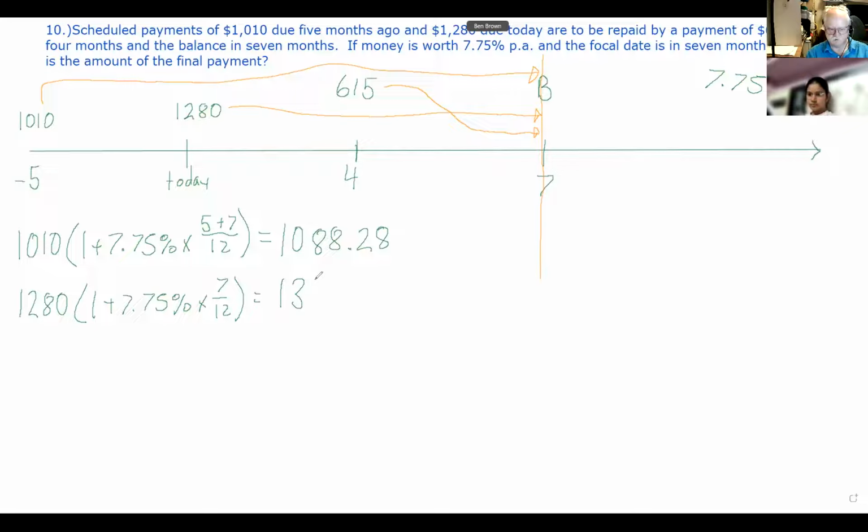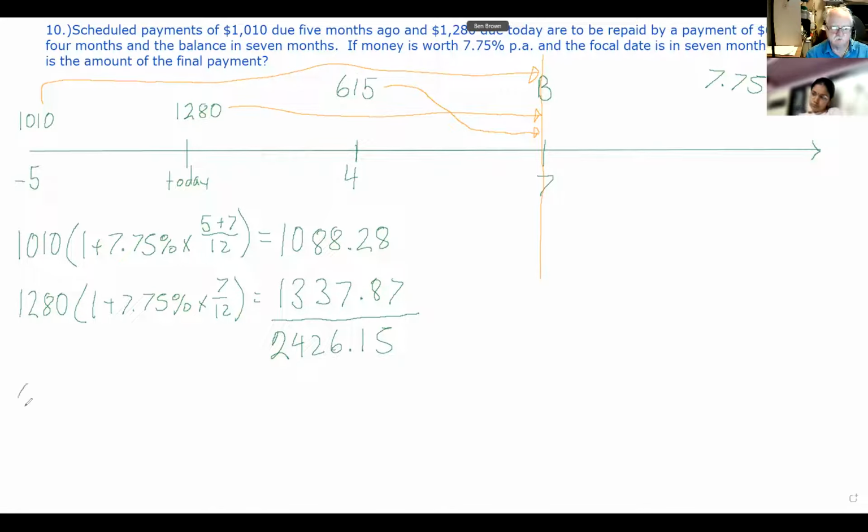It's now $1,337.87. So that was the amount of money we owed. So we can add those two together. So we owe a total of 2426.15 in terms of the focal date, but we haven't accounted for this 615.